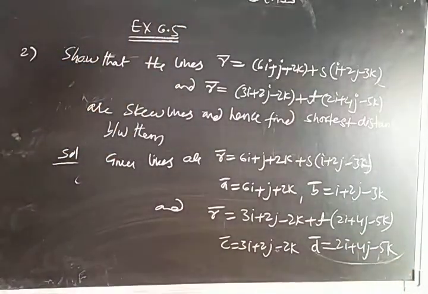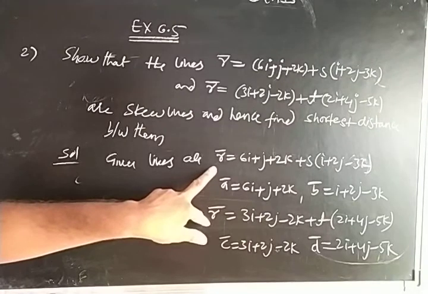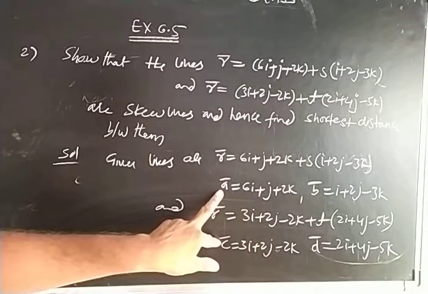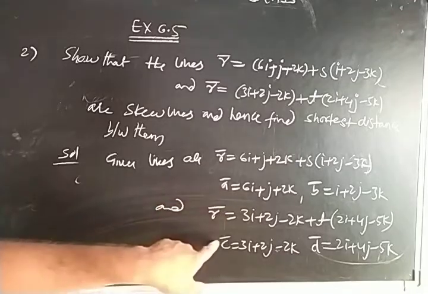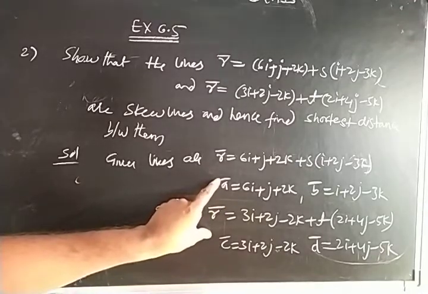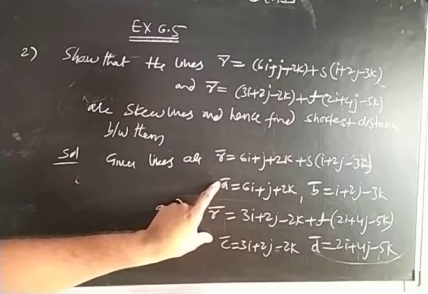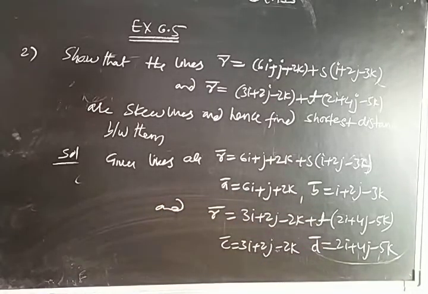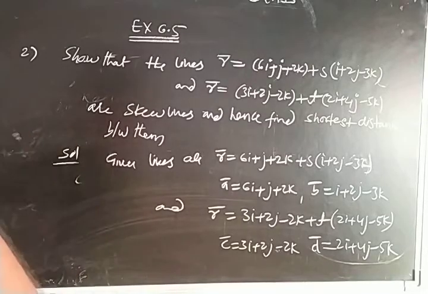See, the two lines are in parametric form. To show two lines are skew lines, you have to find c bar minus a bar. Okay, c bar minus a bar with that vector, and with b bar, d bar you have to find box ABC. You know, box ABC is nothing but the scalar triple product.